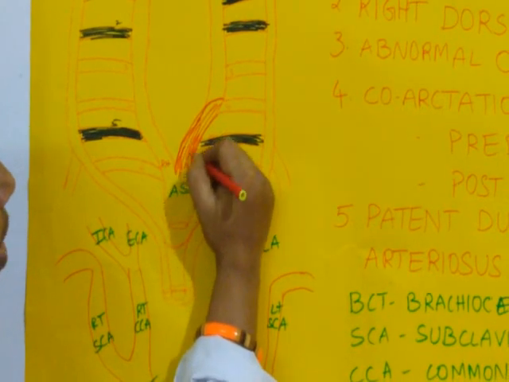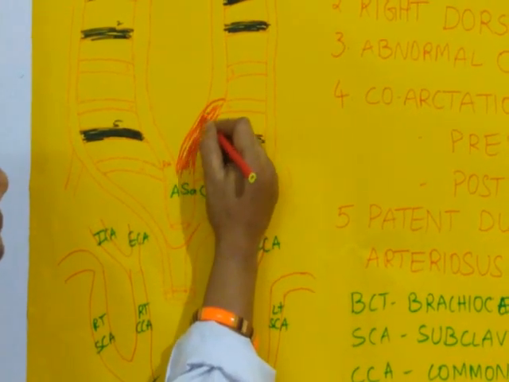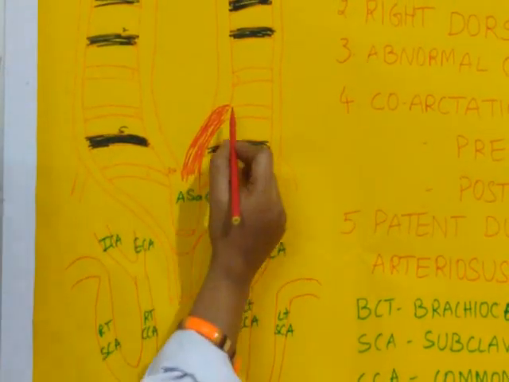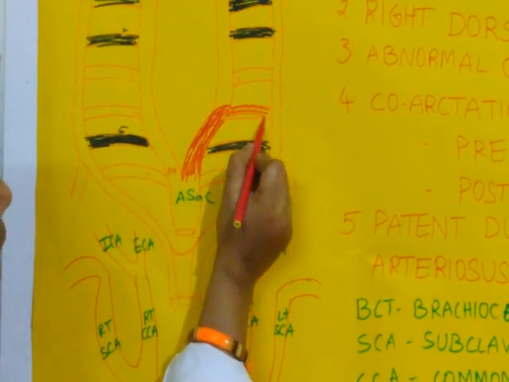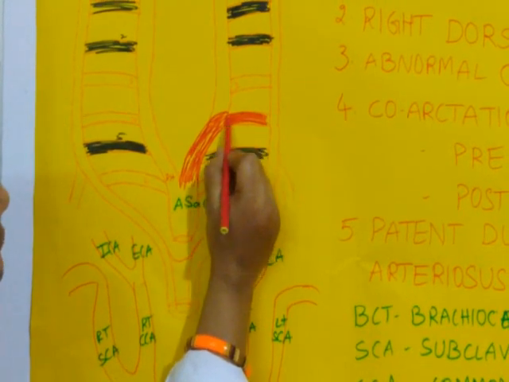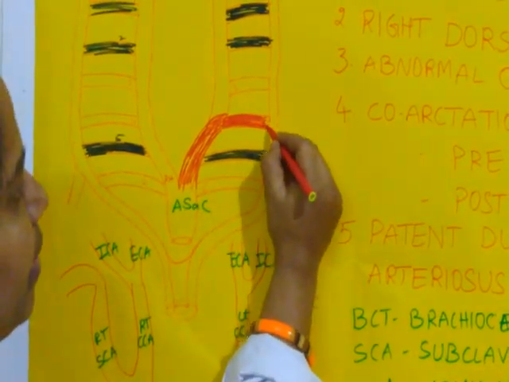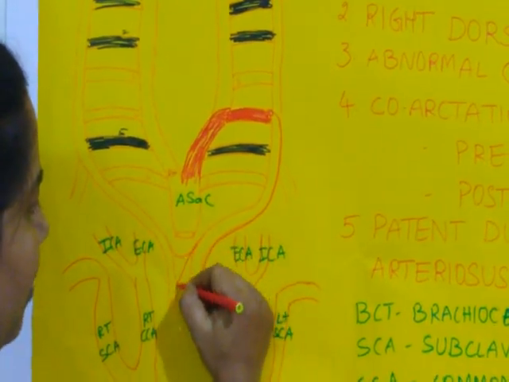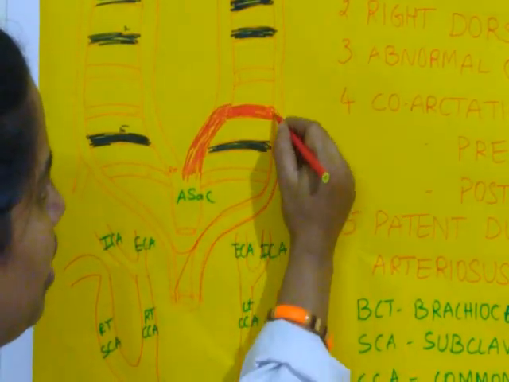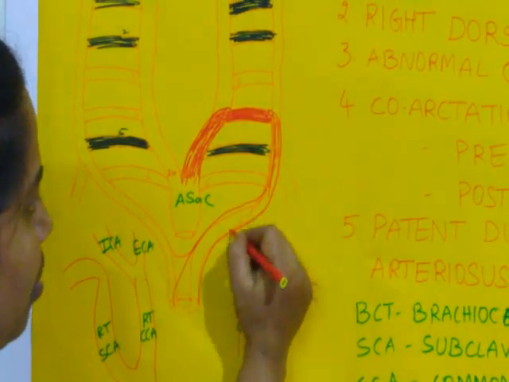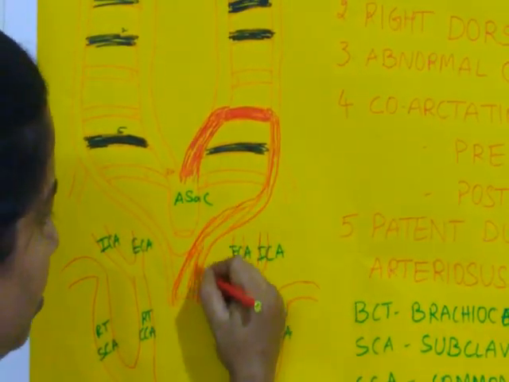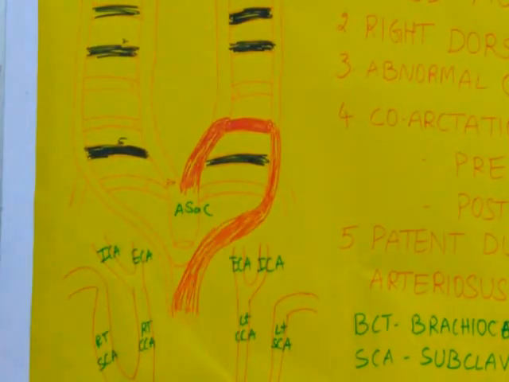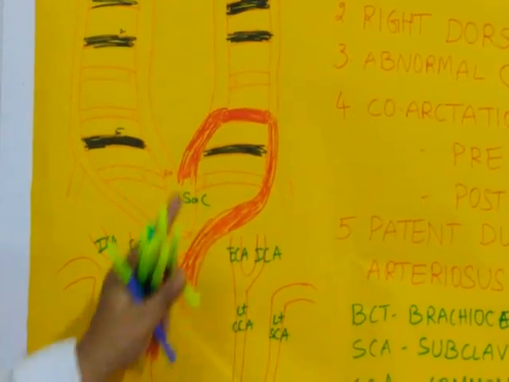Then the second part develops from the fourth aortic arch. Then the remaining part develops from the dorsal aorta, the left dorsal aorta. So the aorta develops from 3 structures.